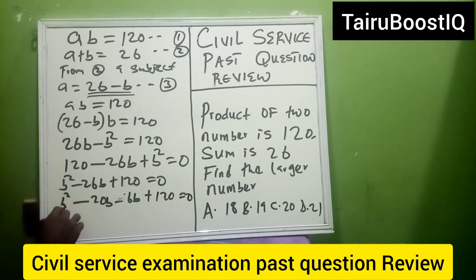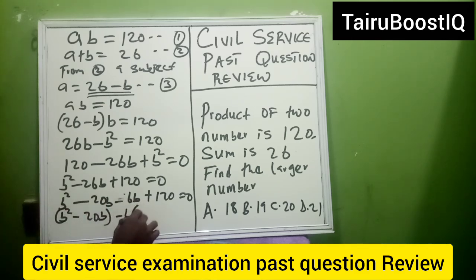So at this point we can say B squared minus 20B, we close our bracket, minus 6 into B, let's do it like this, so we are going to have minus 6B plus 120, everything is equal to 0. So at this point we are going to factorize.